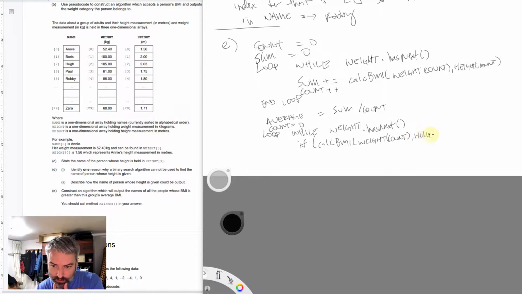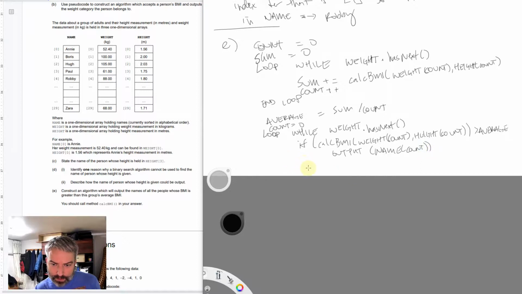Nice that we don't have to code for this, that they already gave us this method to work with. Well, they're not going to care about parentheses, but I do. So if we calculate the BMI and it's greater than the average, then output the name, right, count.